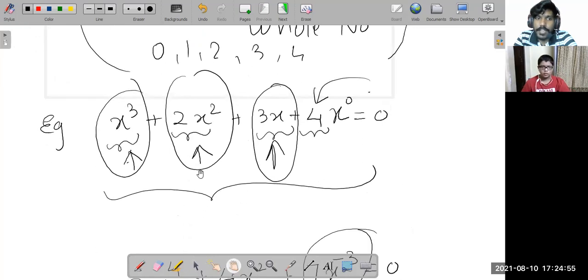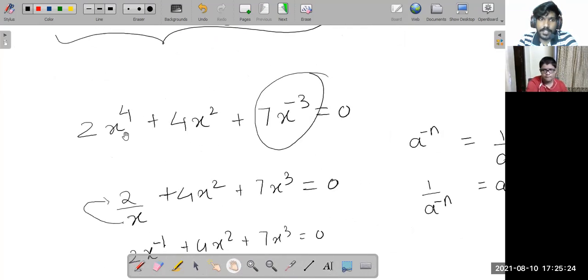Below that, write this example: x cube plus 2x square plus 3x plus 4 equal to 0. Example 1, right? Done, sir. After that, write the second example. Example 2: 2x raised to 4 plus 4x square plus 7x raised to minus 3 equal to 0.